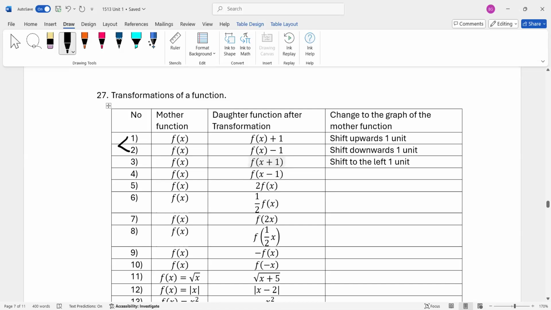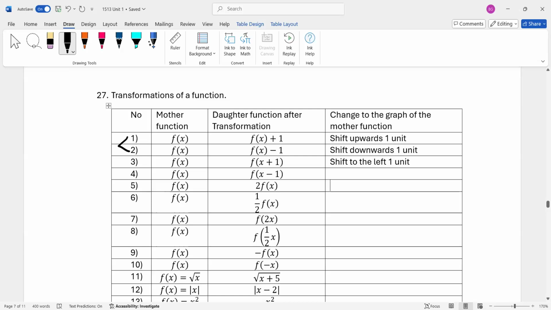So since your input is x plus 1, the value of x has to be 1 unit smaller for the function to produce the same y. So all the x values have to be 1 unit smaller. That's how the graph of the function shifted horizontally to the left 1 unit, because to the left is getting smaller, right?